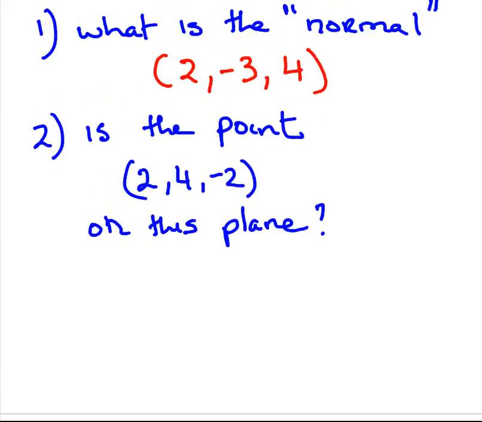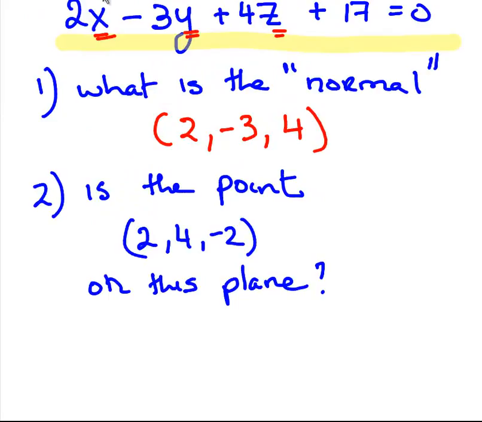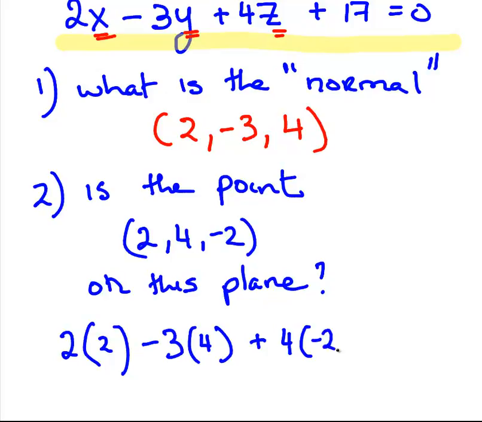What we're going to do is sub the values into the equation. So it is 2 times 2, minus 3 times 4, plus 4 times minus 2, plus 17. We evaluate that and check to see if it is 0.